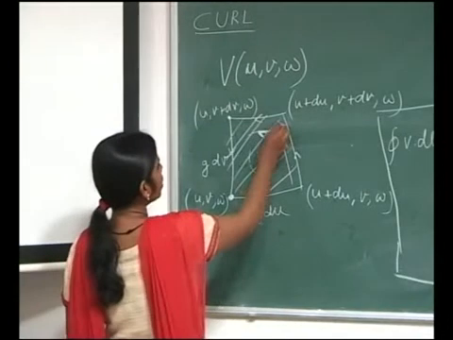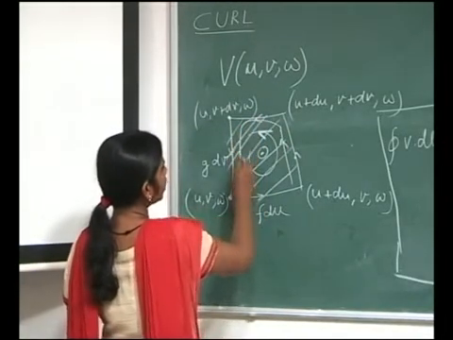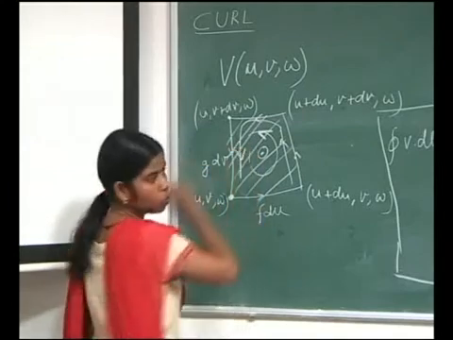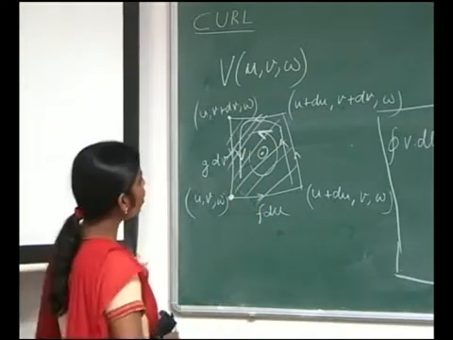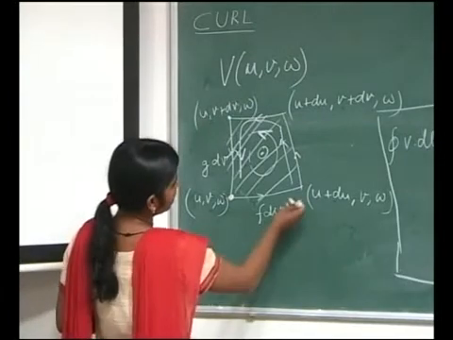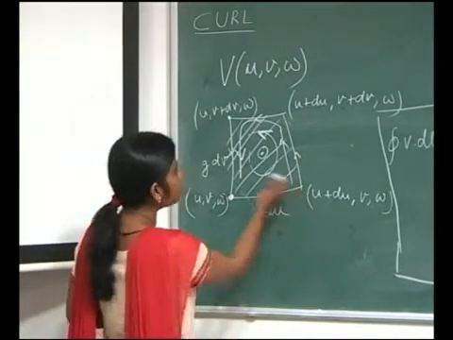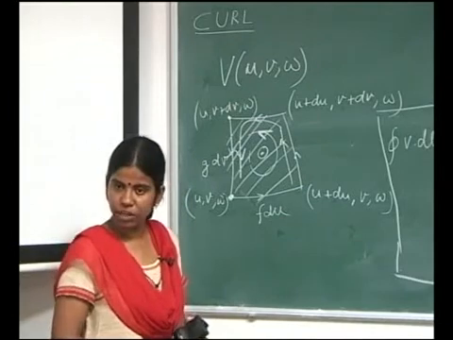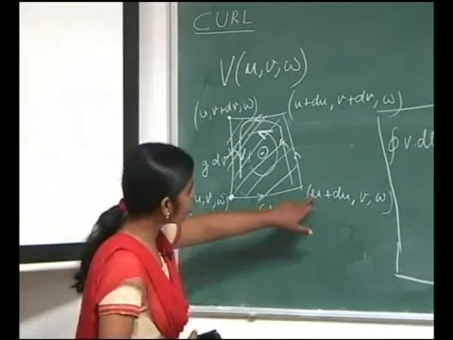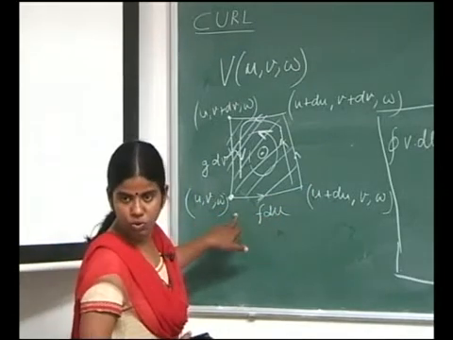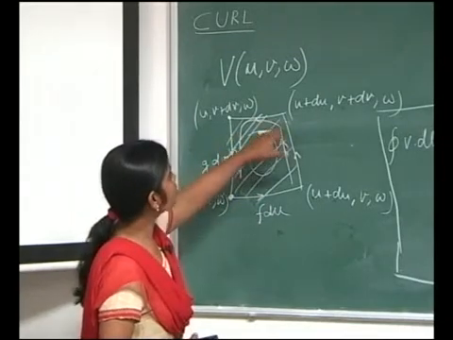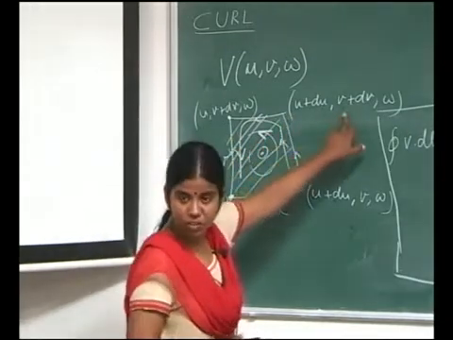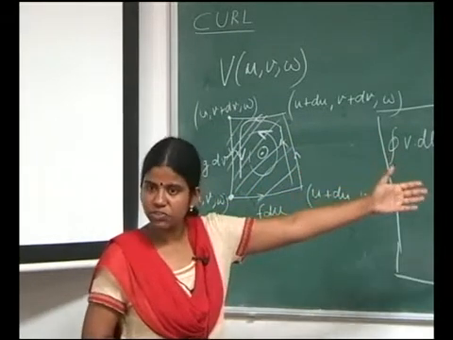Now I come here and I am moving along the loop. So what I calculate is Fu plus du minus Fu. I calculate the change at u plus du minus u. So that is positive. In the other case, because the change at v plus dv was negative, I got a negative change.